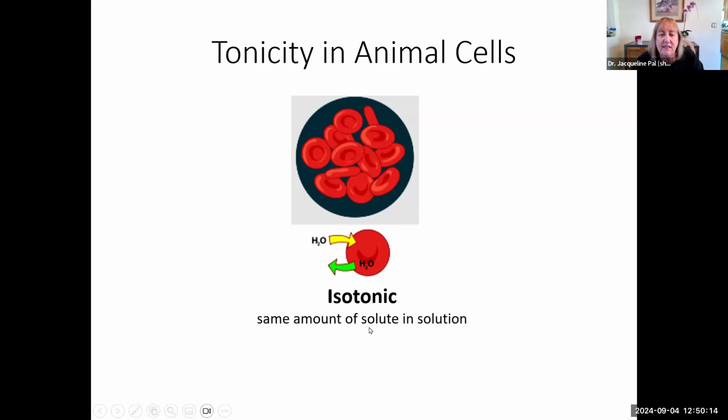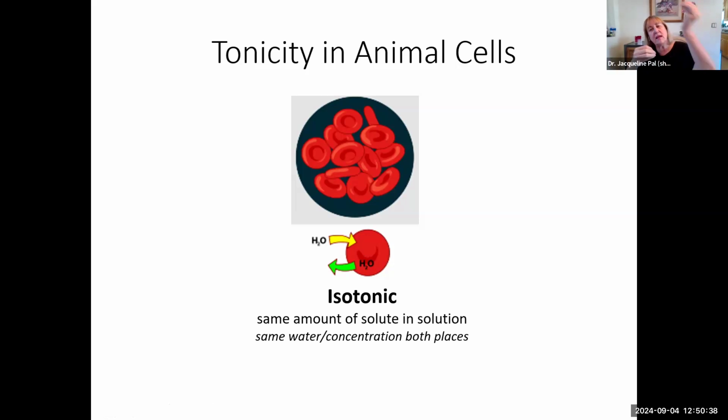What that means is it has the same amount of solute in the solution, the same amount of dissolved particles in the solution as we have in the cell. So we have the same concentration of water outside the cell as we have inside the cell.